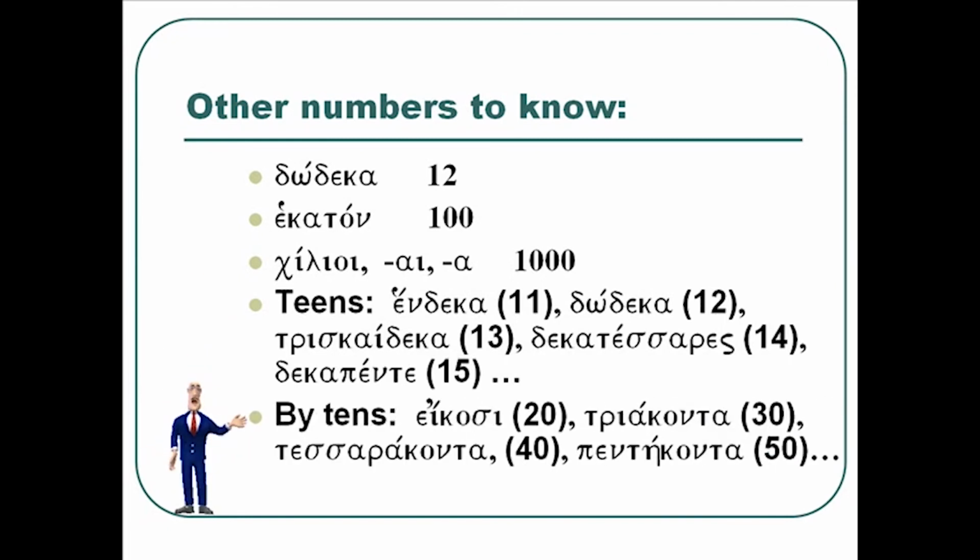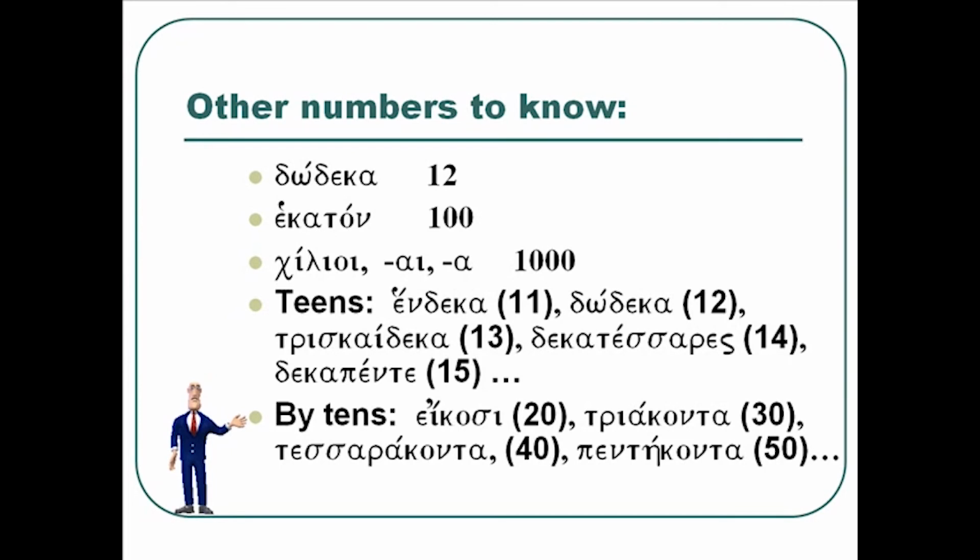Now to count by tens, we have eikosi, which is just a weird form, and simply means 20. Triakonta is 30. You can see 3, and then konta, which is like 10 by 10, so 3 tens is 30. Tesserakonta is 40. We have our tessera, 4, and then konta.